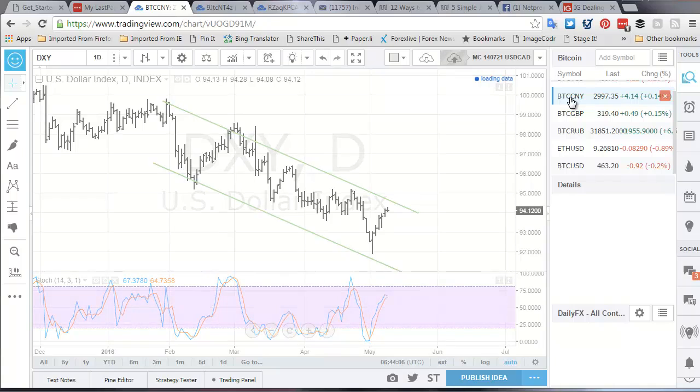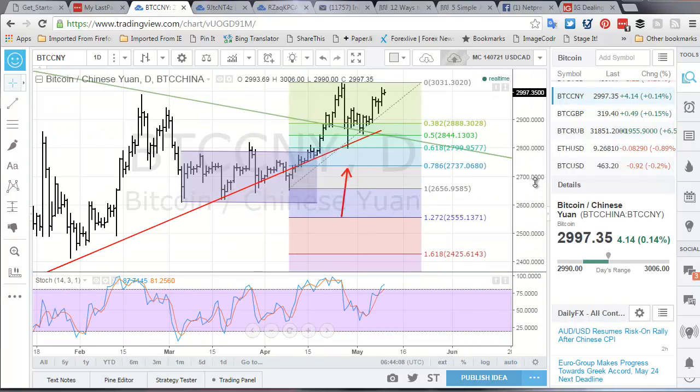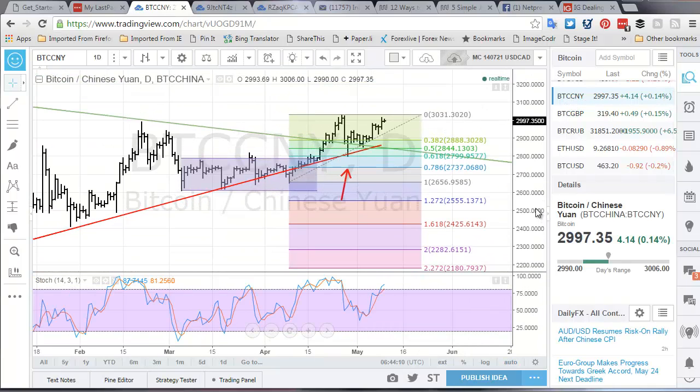If we look at Bitcoin against the Chinese renminbi, or against the Chinese yuan, this chart is actually a little more comfortable than the Bitcoin against the US dollar chart. The reason it's more comfortable is we've got that same pullback, and it has run up here, but this high and this high and this high are all higher highs, and the lows are all higher lows. So this is trending upward.